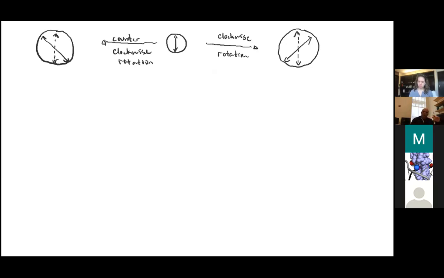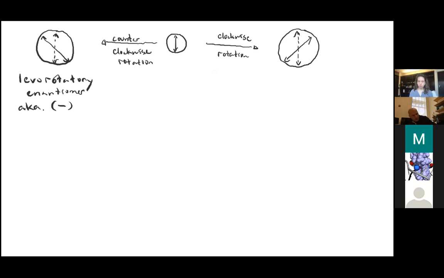So a molecule that rotates plane polarized light in a counterclockwise direction is what we call the levorotatory enantiomer, also represented as just the minus sign in parentheses.